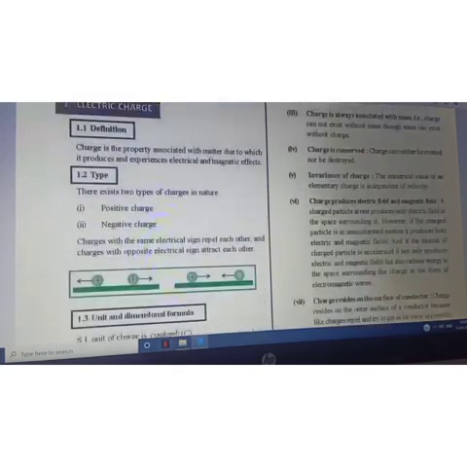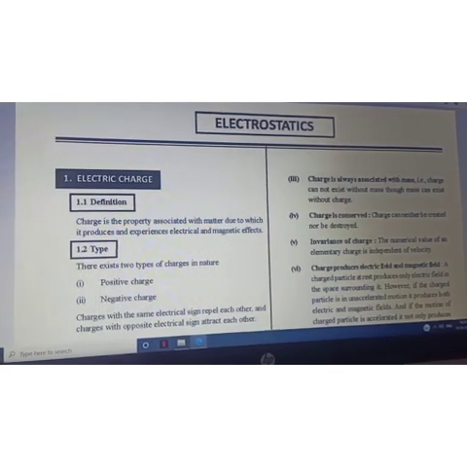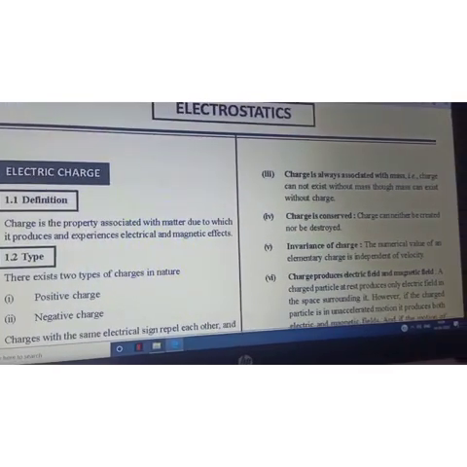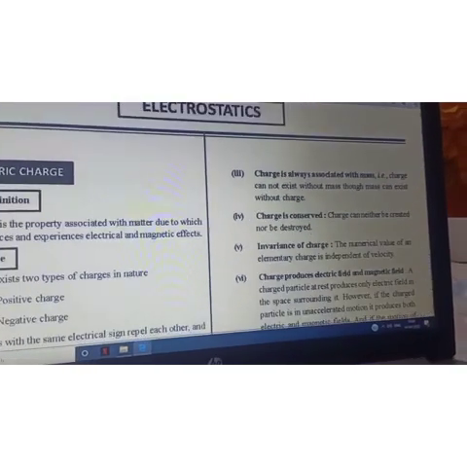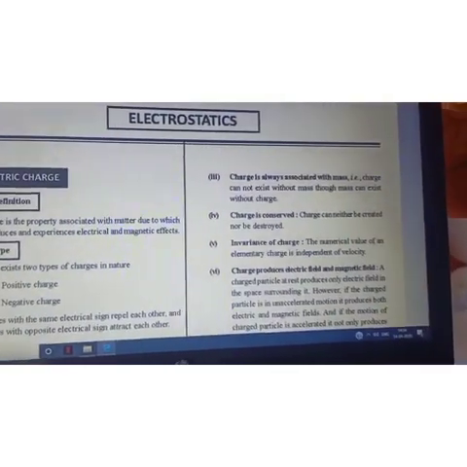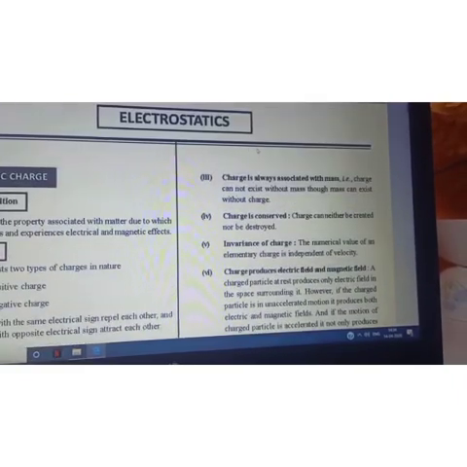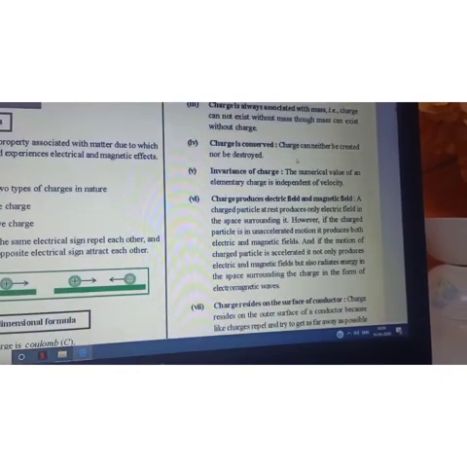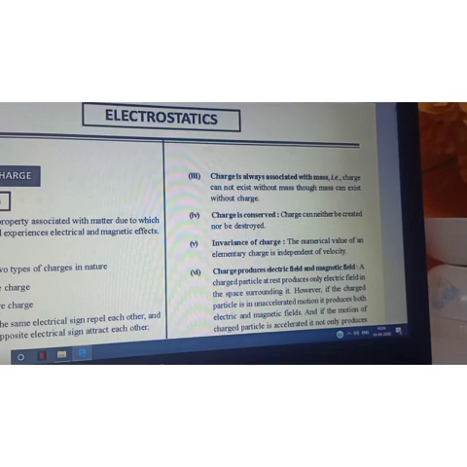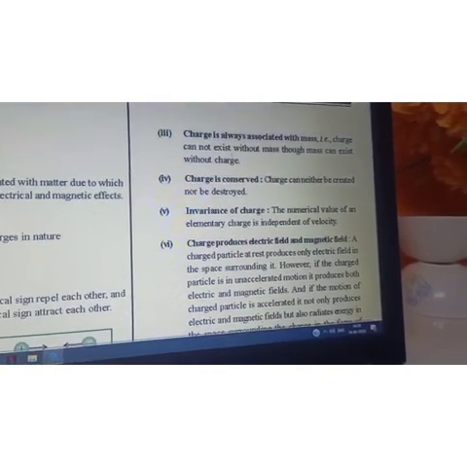So the next topic is the properties of charge. Charge is always associated with mass.